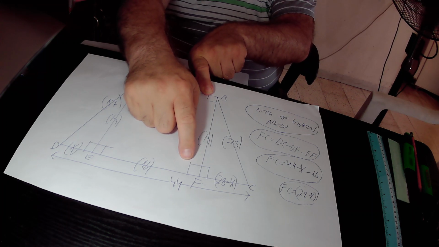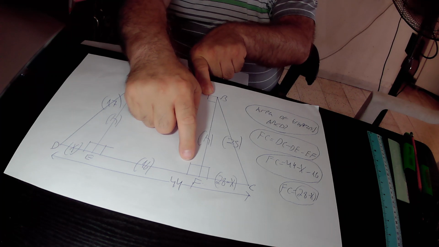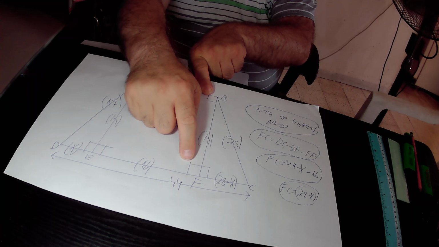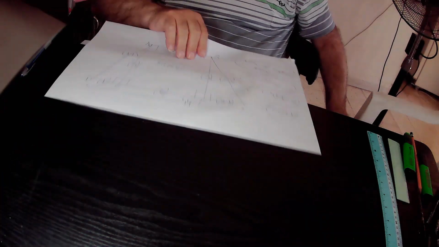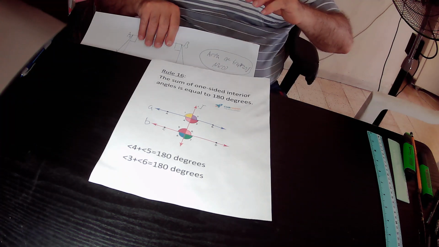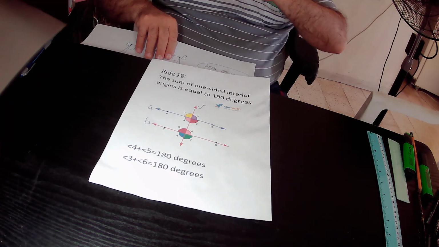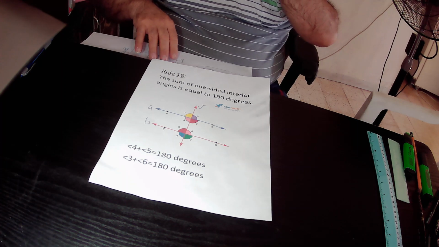So in total, those two angles are one-sided interior angles. And according to rule 16, the sum of two one-sided interior angles is equal to 180 degrees. Okay, again, rule 16: the sum of one-sided interior angles is equal to 180 degrees.